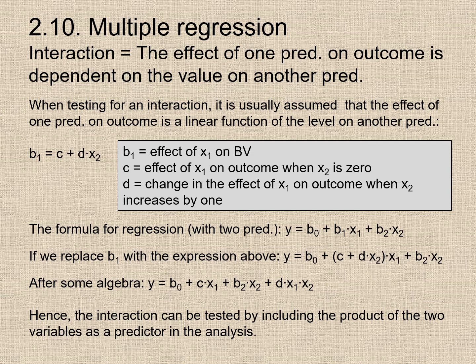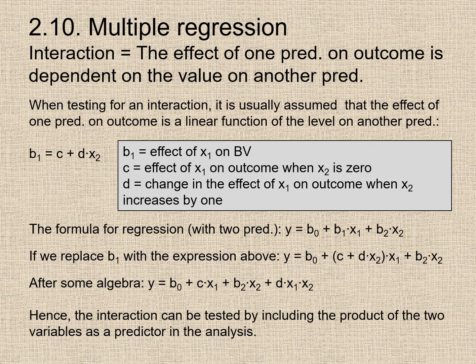It stands for the effect of therapy on life satisfaction when the value on medication is 0. And D stands for how much the regression coefficient for the effect of therapy changes when medication increases by 1.